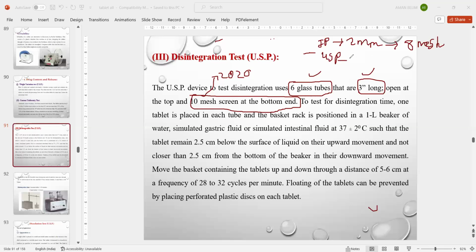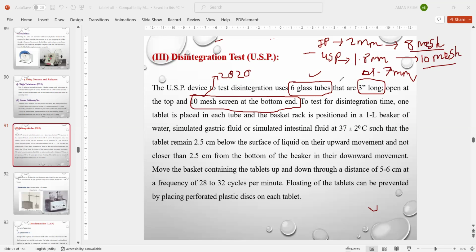And in the case of USP, it is I think 1.8 mm or 1.7 mm, which in terms of mesh size is 10 mesh. So 10 mesh is for USP, and for IP it is 8 mesh.